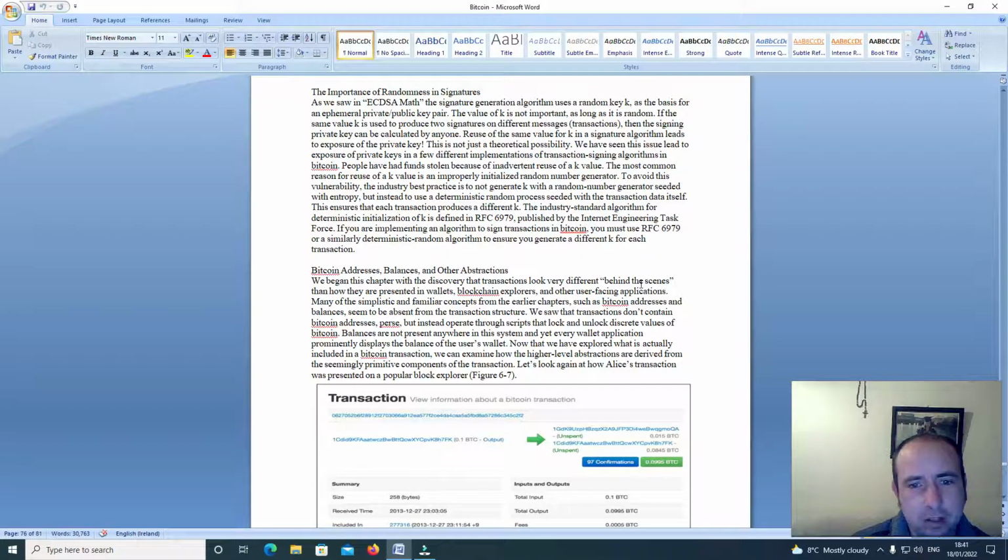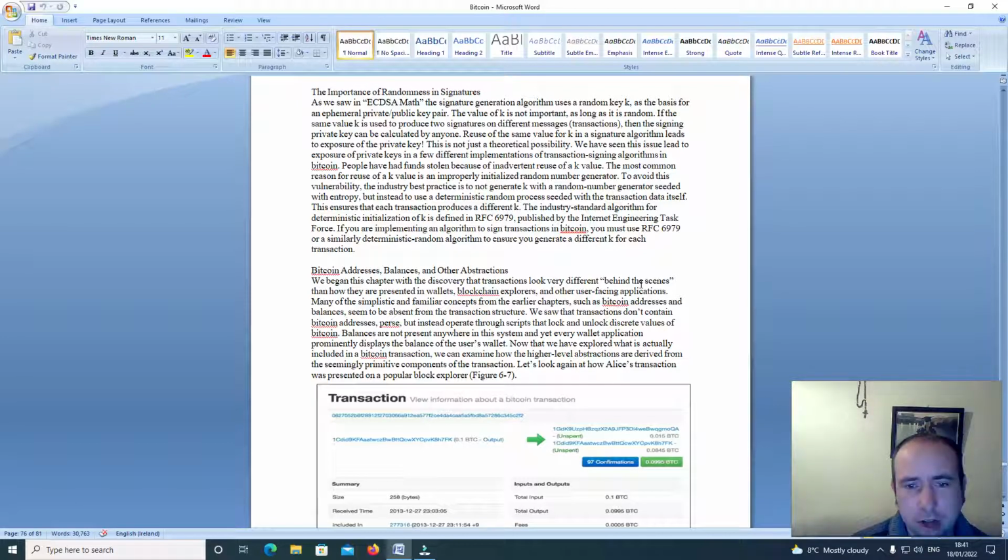This is not just a theoretical possibility. We have seen this issue lead to exposure of private keys in a few different implementations of transaction signing algorithms in Bitcoin. People have had their funds stolen because of inadvertent reuse of a K value.